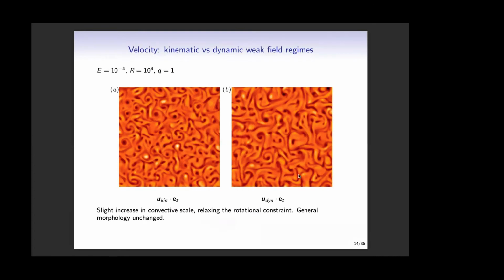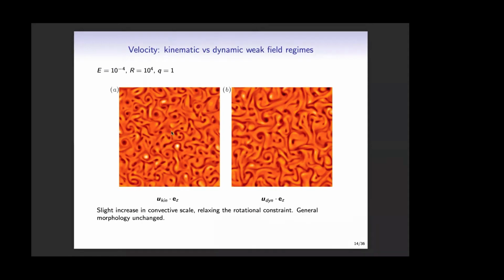It doesn't show too much really, which is why I'm calling this one a weak field dynamo. So this is the kinematic one, and these are not at the same time, so I'm not asking you to compare side by side. I'm just pointing out how they look in terms of their general features.